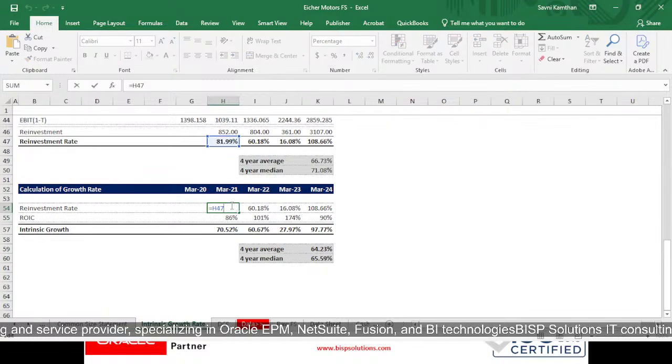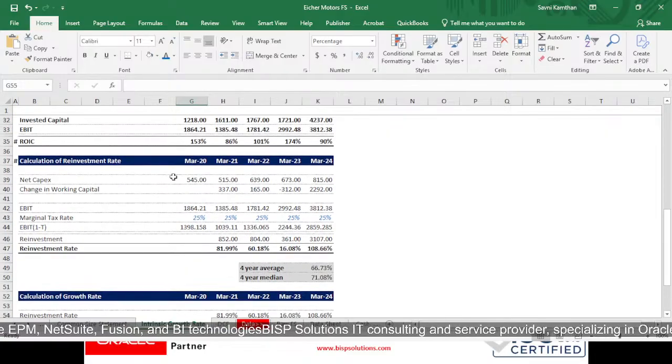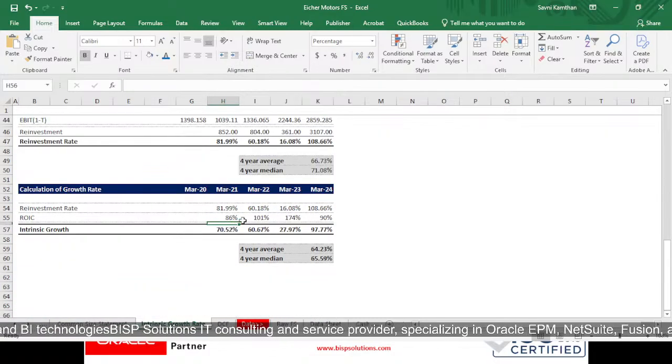I have linked it with this reinvestment rate column and then dragged it till the end. Then coming to my ROIC, I have calculated above. We will take from 21, so 86%, and I have linked it with this and dragged it till March 24.